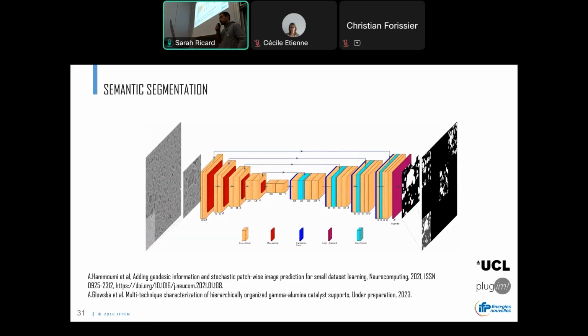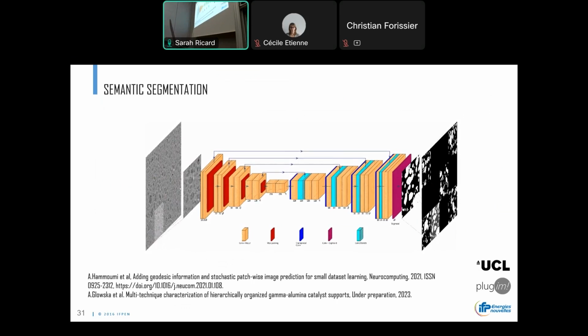So we use it to make some segmentation of very complex observations. On the left, it's not very easy to see, but it's some material.